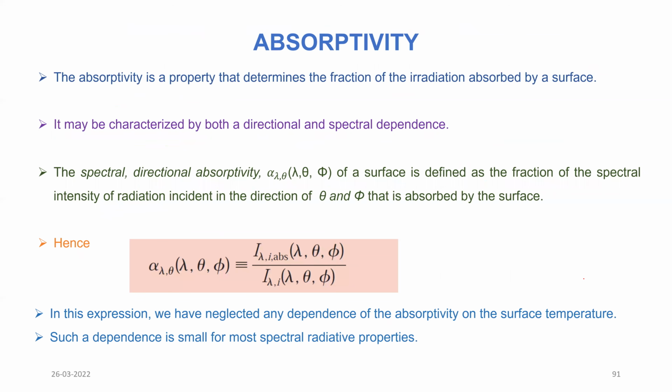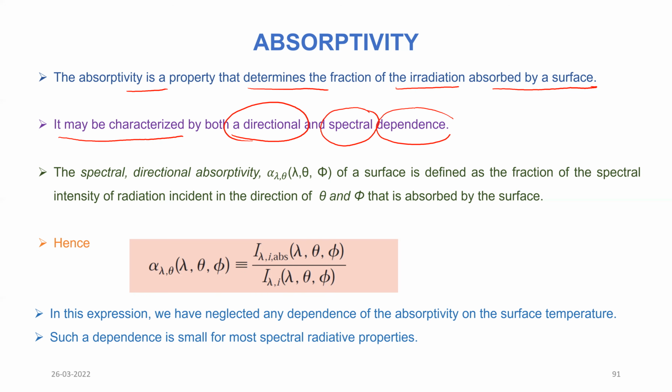Now let us talk about the absorptivity. Absorptivity is a property that determines the fraction of the irradiation absorbed by a surface, and it may be characterized by both directional and spectral dependence. So that means it has both directional and spectral dependence. So first of all, we are going to discuss the spectral directional absorptivity denoted by alpha lambda theta.